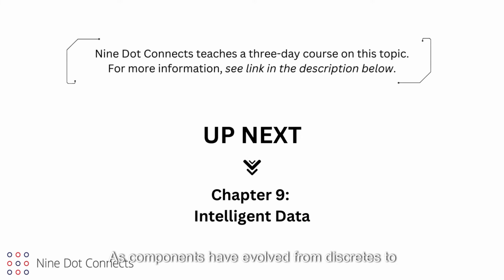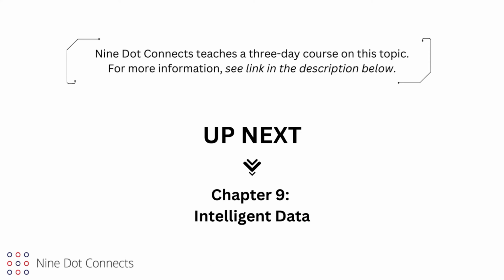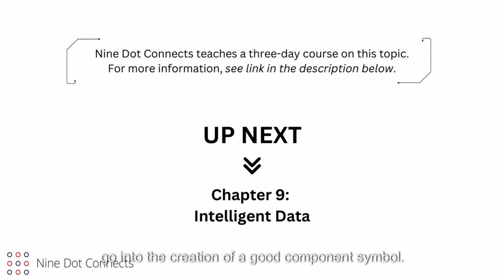As components have evolved from discretes to ICs, the need to represent these components has changed as well. Discretes have specific representations, while ICs are best served by their pin number and name. There is a great deal of thought that must go into the creation of a good component symbol. If you work for a company that has a dedicated librarian, consider yourself fortunate.